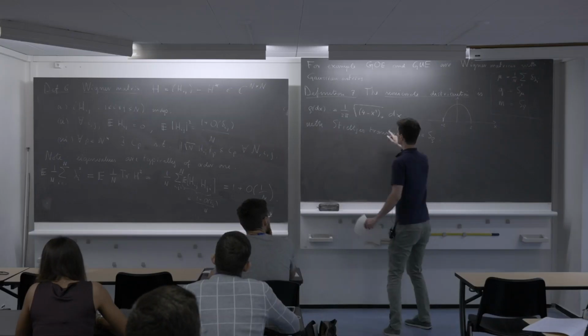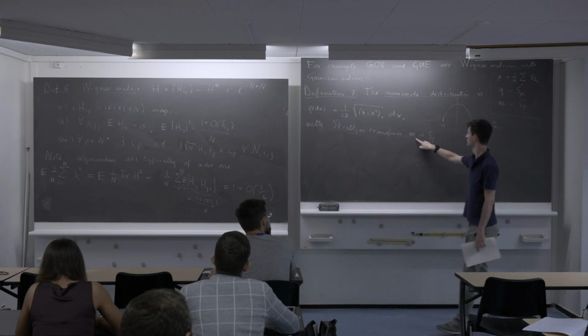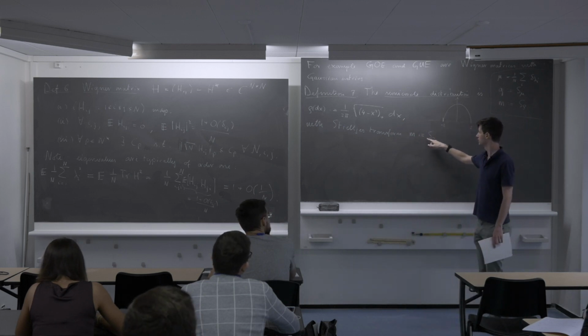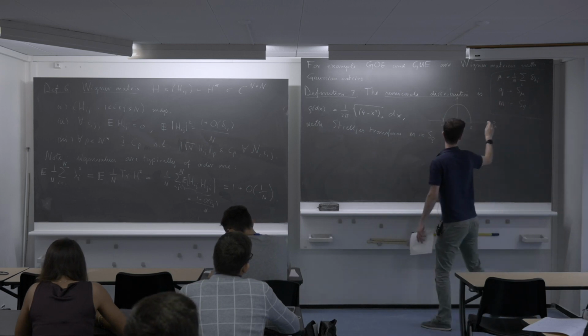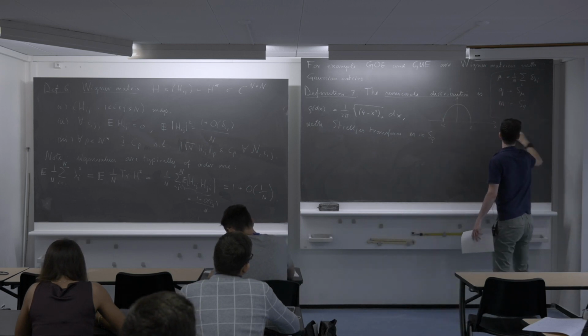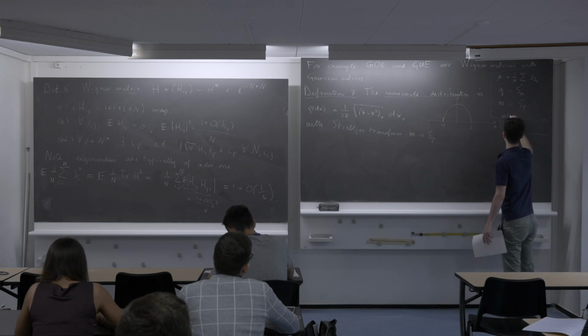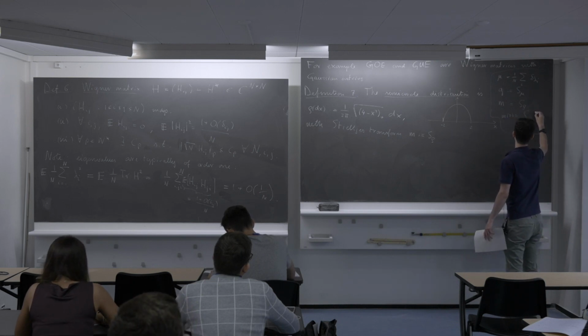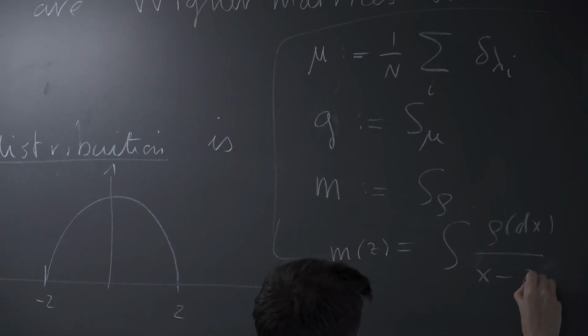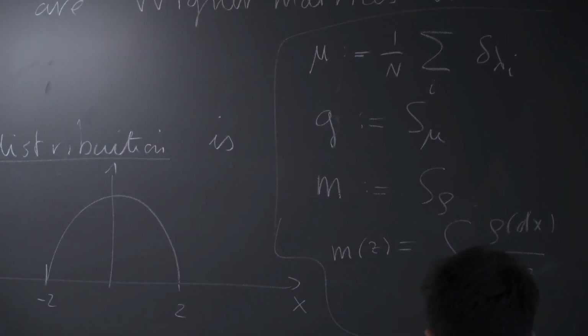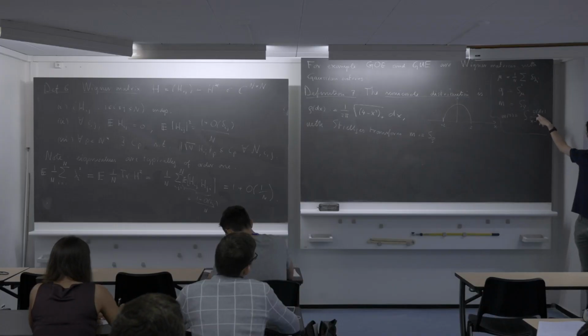So this quantity M, if you recall the definition of the Stieltjes transform: M of z is equal to the integral of rho(x) dx over x minus z. This is an extremely explicit integral, right?